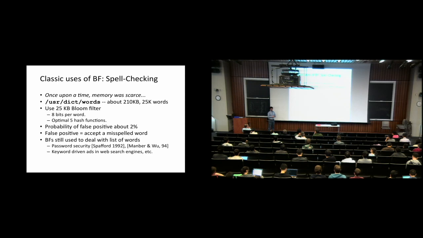That means that a misspelled word will be accepted. If you can get your false positive rate low enough, maybe that's okay. Maybe not. You have to decide if you're willing to deal with the issues of false positives. There have been similar places where Bloom filters have been used to deal with things like lists of words, like lists of good security words, keyword-driven ads, and so on.